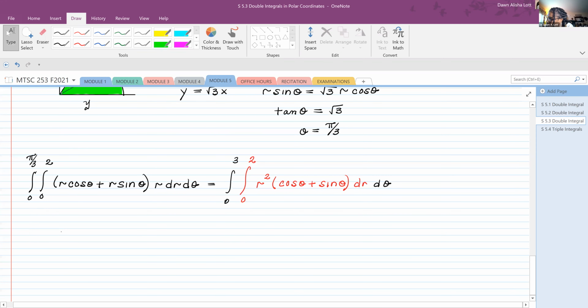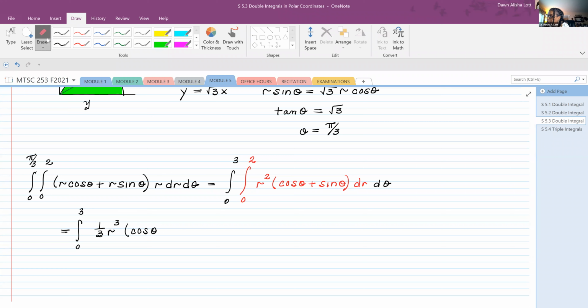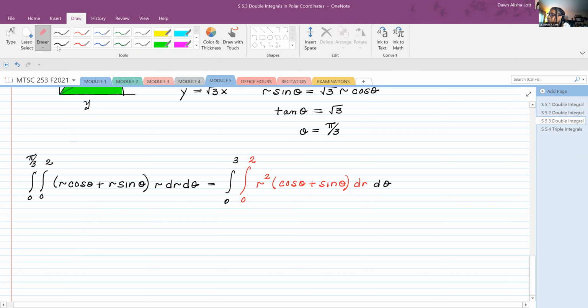Now I get the integral from 0 to pi over 3. When I integrate this, I'm going to get 1/3 r cubed, and I still have the cosine of theta. I can make this an iterated integral, actually. I can split it completely because everything's separate.